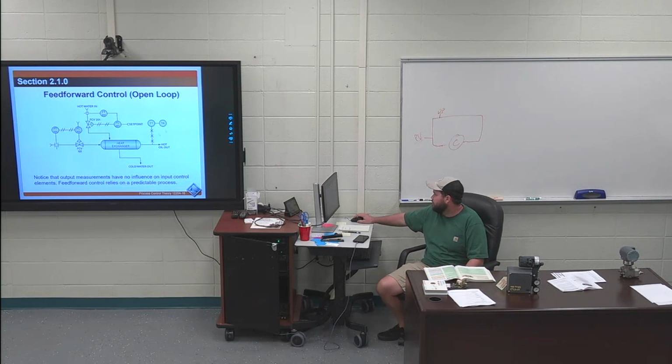So if you're looking up here, feed forward, open loop. What's our control variable? What are we trying to control in this loop? Temperature of what? Temperature of the hot oil. Of the oil. So this is our end goal right here, to get hot oil coming out at a certain temperature. But in this loop, they are not plugging this temperature recording into any of our controls, right?